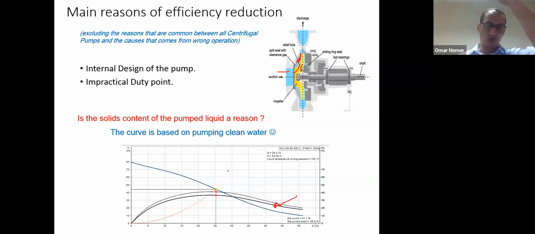No, because these curves are made for submersible pumps when they were pumping clean water. So they took the wastewater submersible pump and they were pumping clean water, so they found this efficiency curve. So the efficiency curve is based on a clean water scenario without particles.